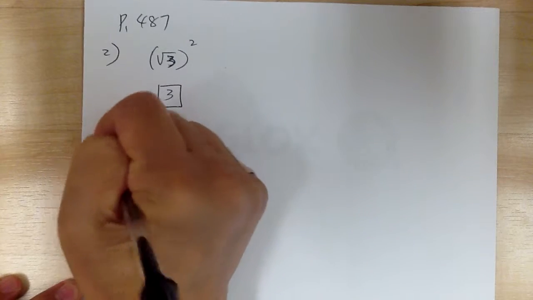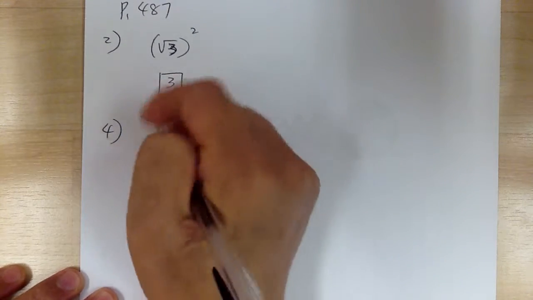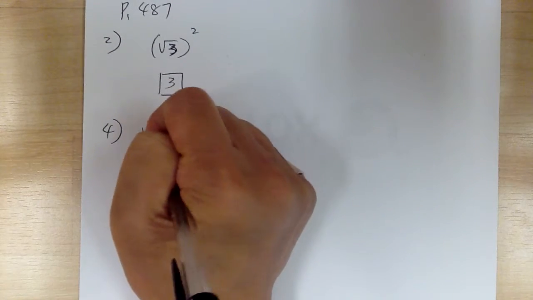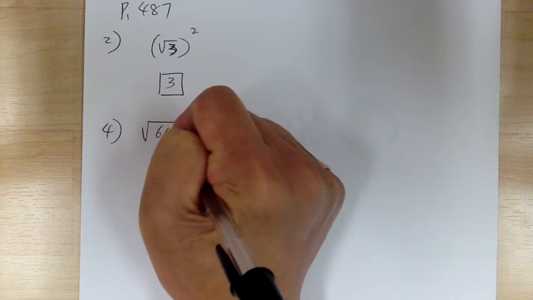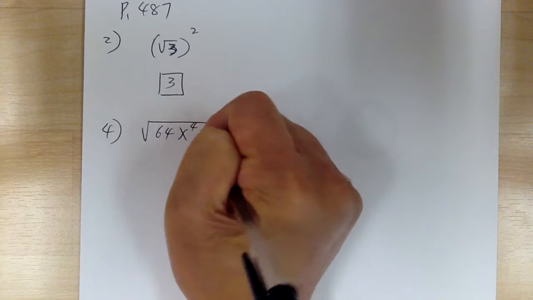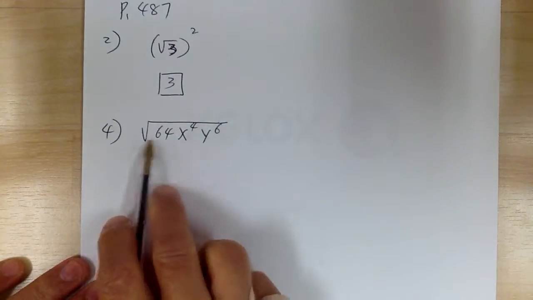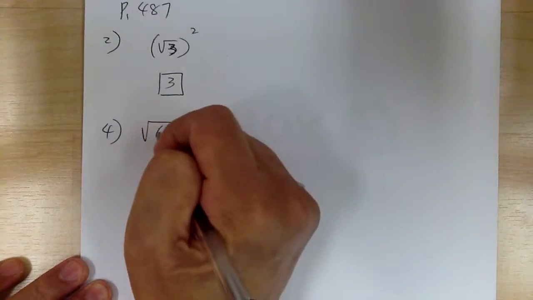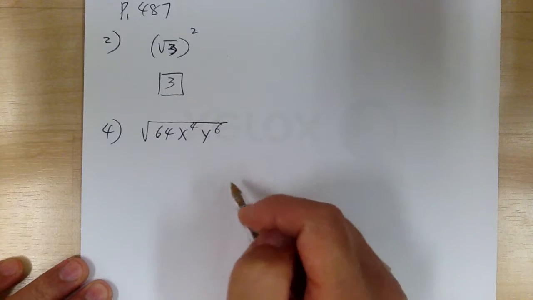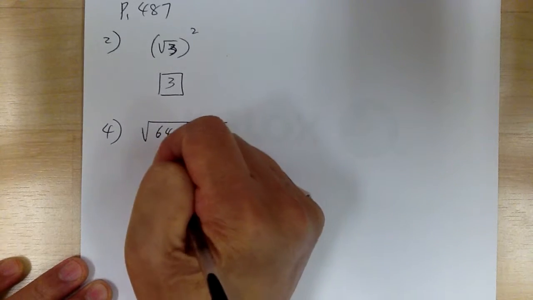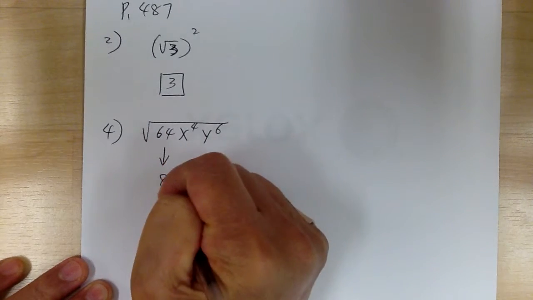Let's go to number 4. You have the square root of 64, x to the 4, y to the 6. All this can take out the square root nicely, so you don't have to separate them. The square root of 64 is 8.